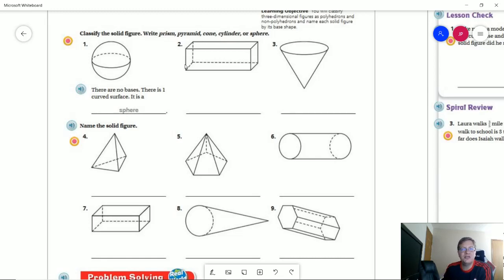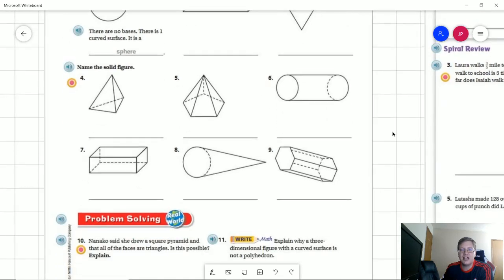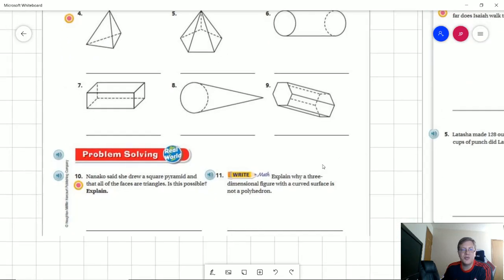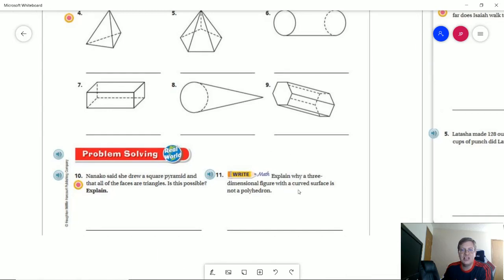So number 2 for the homework through number 9, all of these are kind of the same kind of idea. Once we get down to number 10 and 11, number 11 is the one that I was suggesting you might want to take a look at. So we're looking at cylinders or spheres for this, why that would not count as a polyhedron.